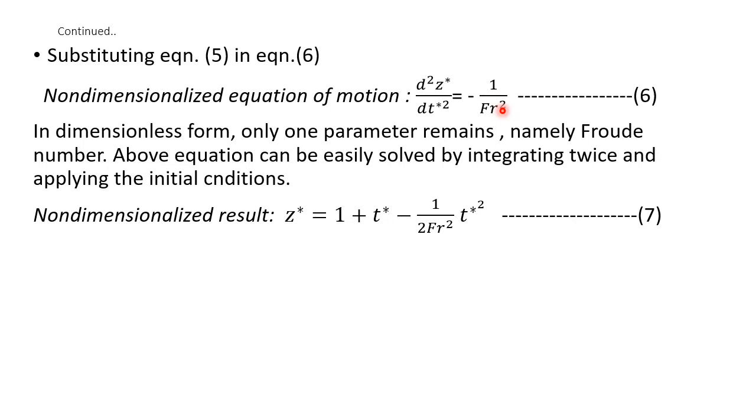So for the expression we got in equation number 6, double integrating and applying the initial conditions gives the non-dimensionalized result, that is z star is equal to 1 plus t star minus 1 by 2 Froude number square into t star square. This is the non-dimensionalized expression that I have got.